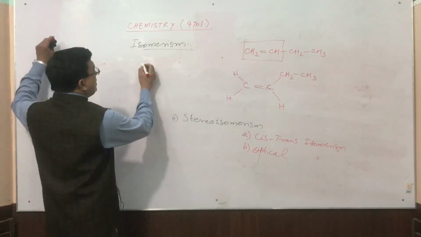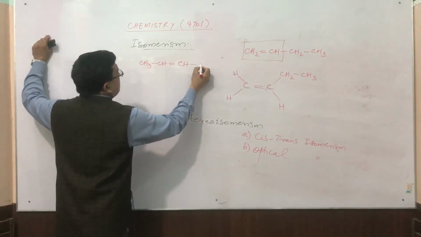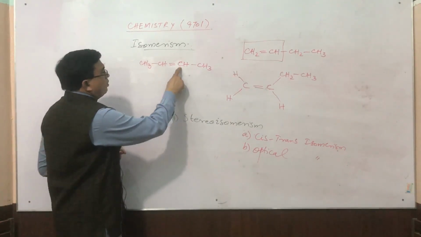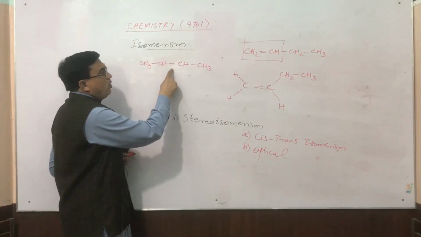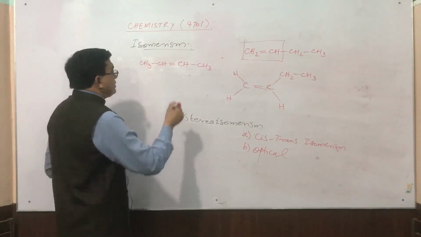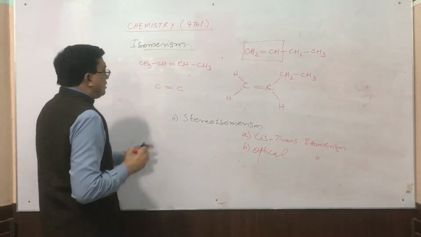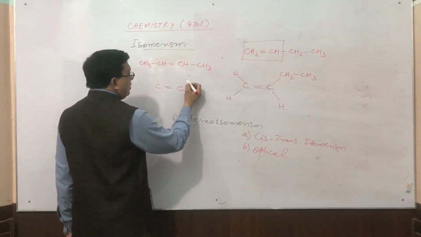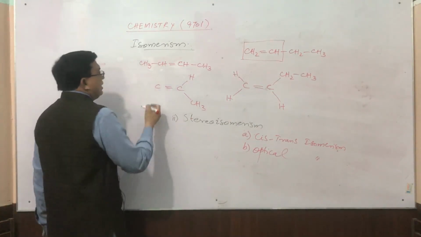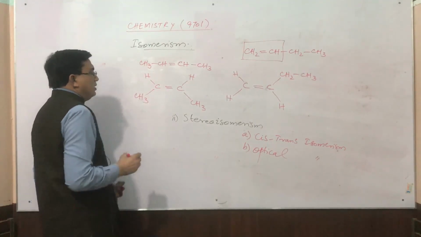But in case of 2-butene, if I mention this just like this, I will observe that both the carbon atoms bonded with the double bond have different groups attached to them. For example, if I represent this as the double bond containing two carbon atoms, now there are a hydrogen atom and a methyl group, and this also contains a hydrogen and a methyl group.